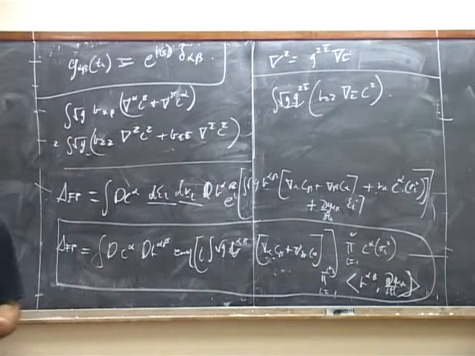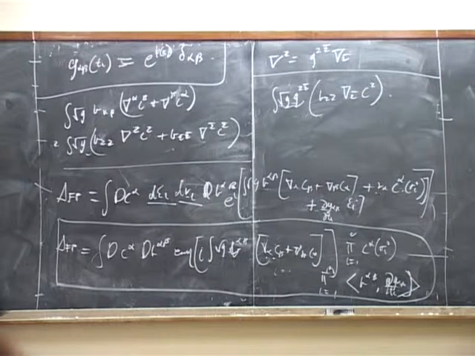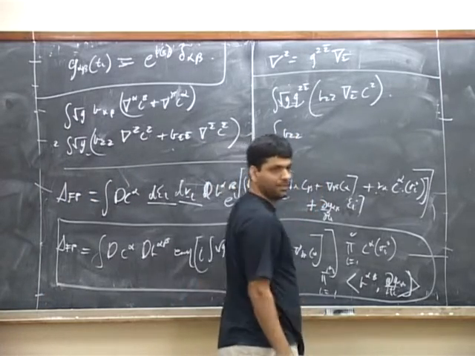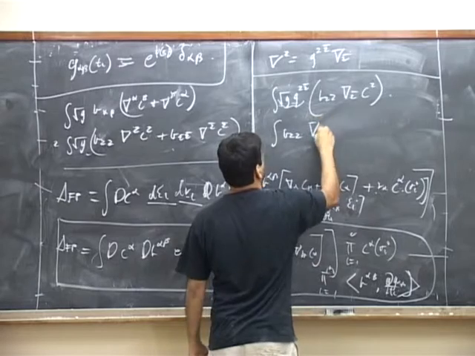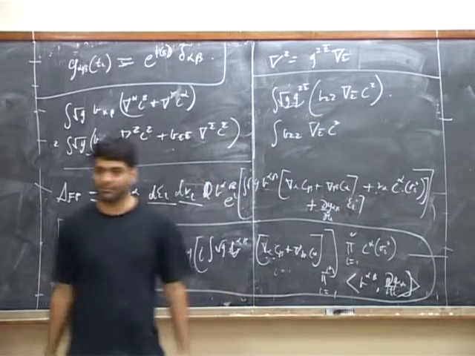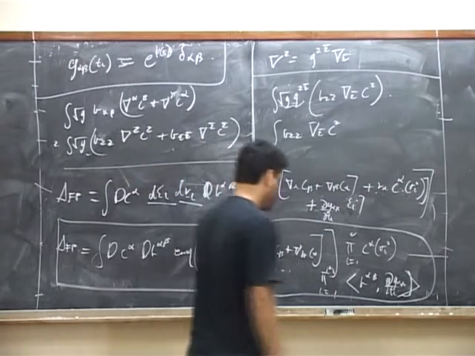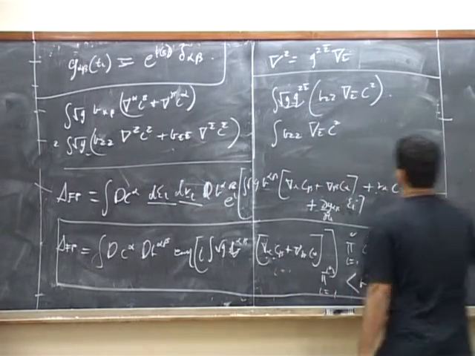The inverse of the metric, the Z Z bar component of the inverse of the metric, cancels the determinant of the metric. So this thing is simply B Z Z times del bar of C Z. Now what can we say about del bar of C Z?